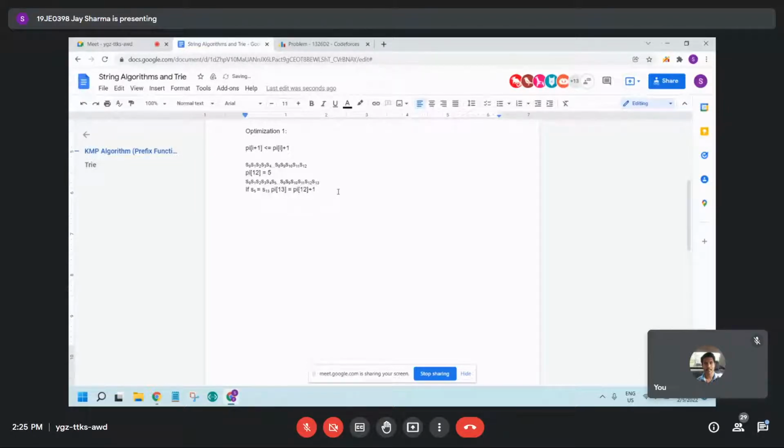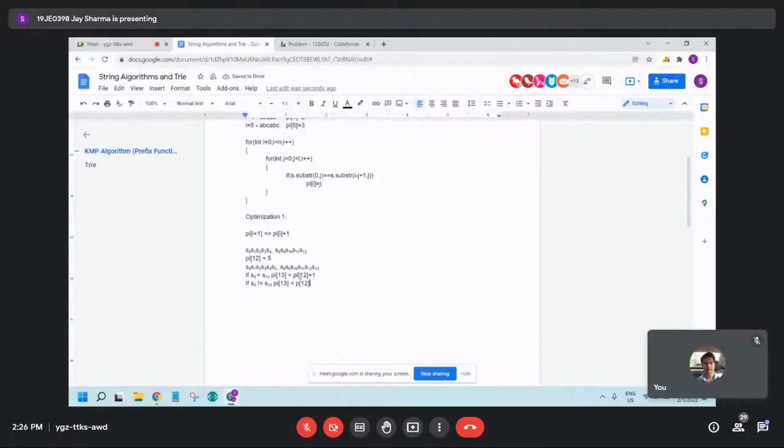And if s of 5 is not equal to s of 13, then prefix function of 13 will be somewhat less than prefix function of 12 plus 1. Why does this hold true? The prefix function at 13 cannot be more than prefix function of 12 plus 1.